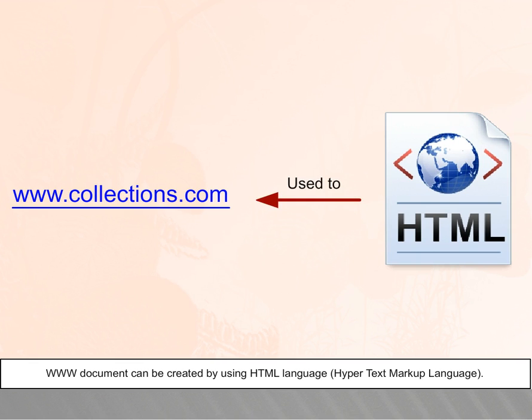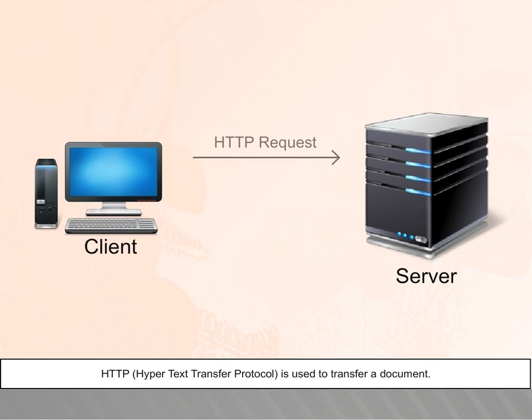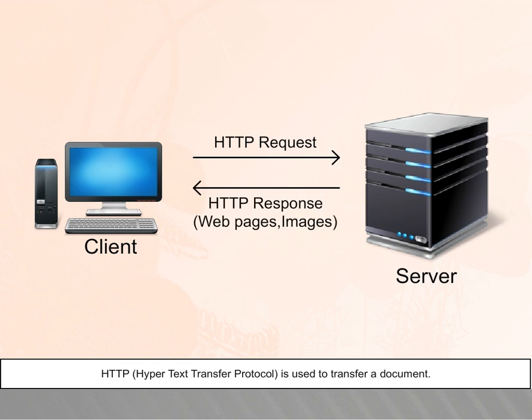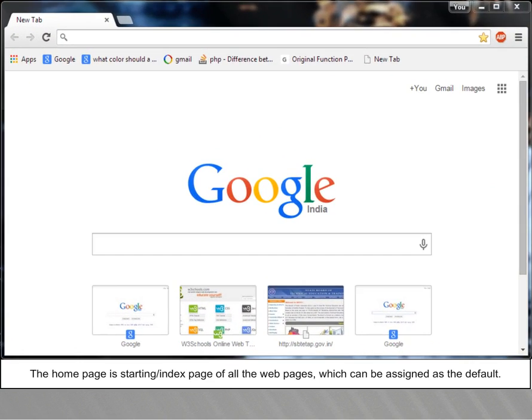www documents can be created by using HTML language, that is Hypertext Markup Language. Links between documents can be done by hyperlink. HTTP, Hypertext Transfer Protocol, is used to transfer a document. The home page is the starting or index page of all the web pages, which can be assigned as the default.